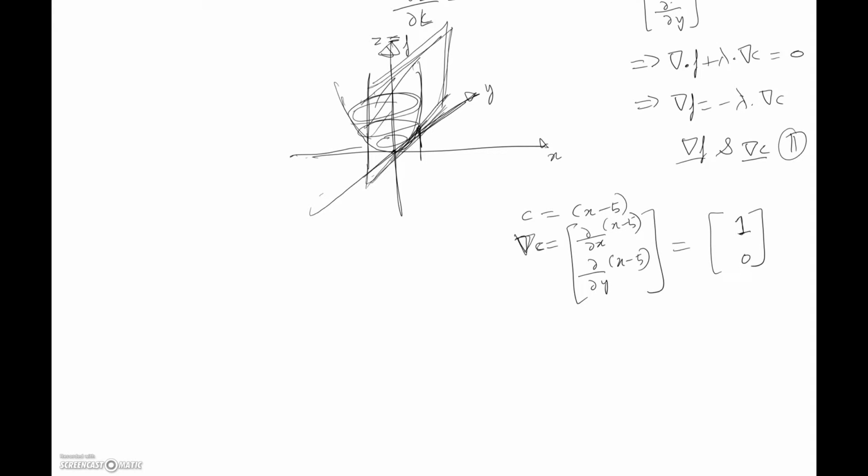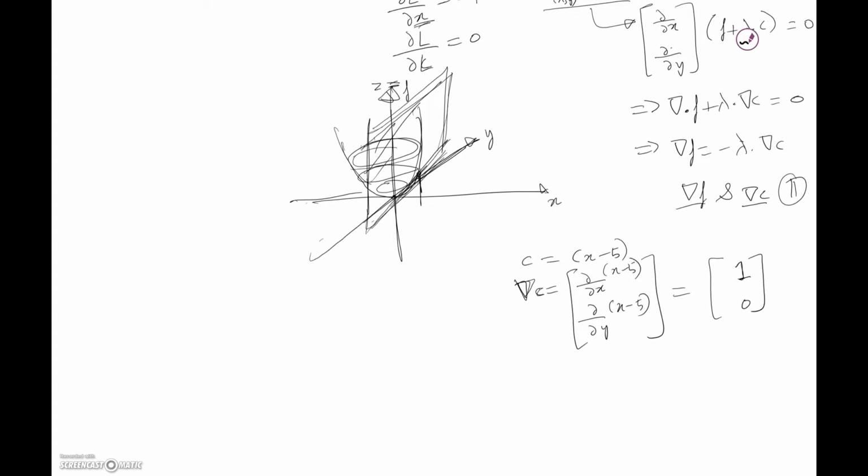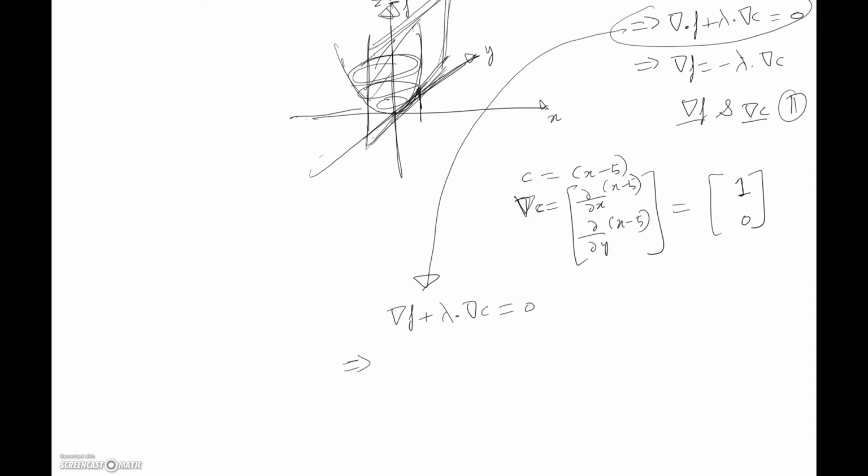So now let's look at what the Lagrangian condition tells us. It tells us that del f plus lambda times del c equals 0. I got that from here, and this implies, del f was 2x and 2y, so 2x and 2y plus lambda times 1 comma 0 equals 0. So along the x direction, it says that 2x plus lambda equals 0.